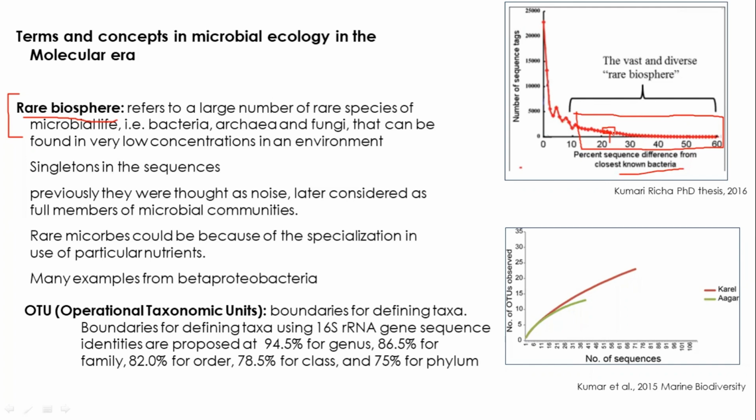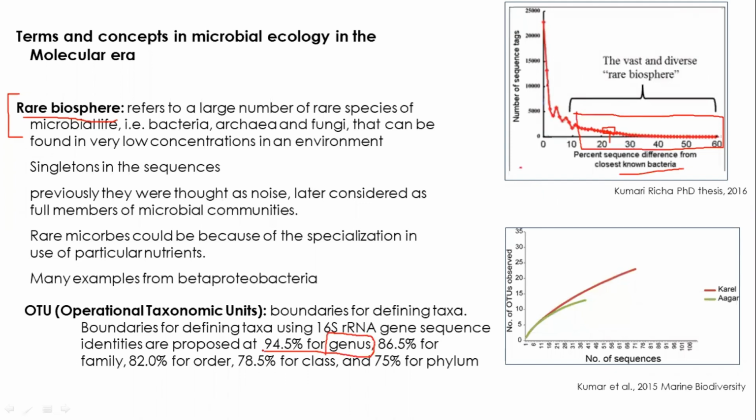Taxa here means that, suppose you have a species A and a species B, and the gene or the genome of species A compared to species B is 100% similar, then individual A and individual B belong to the same species, right? If it is more than 94% similarity, then it comes under the same genus.